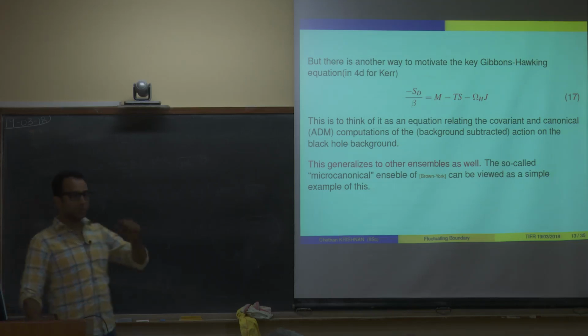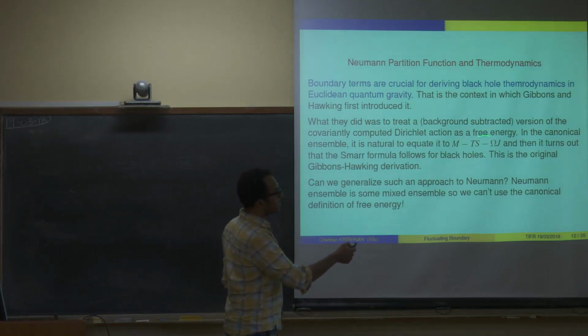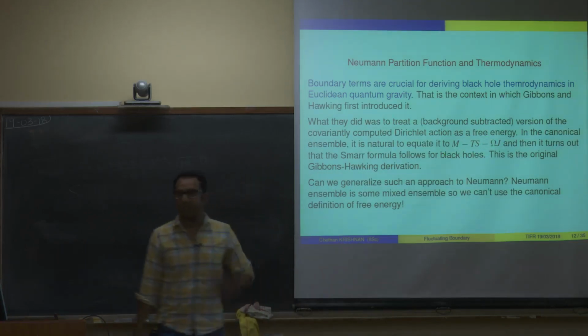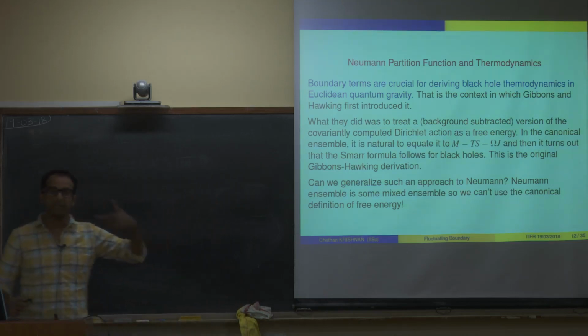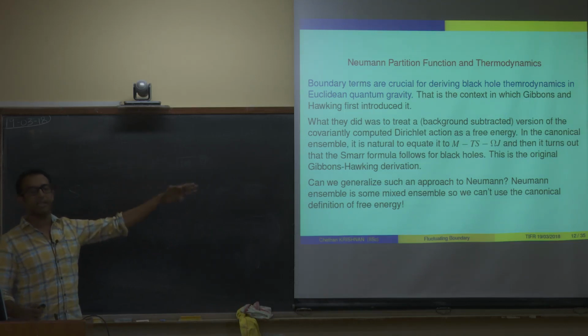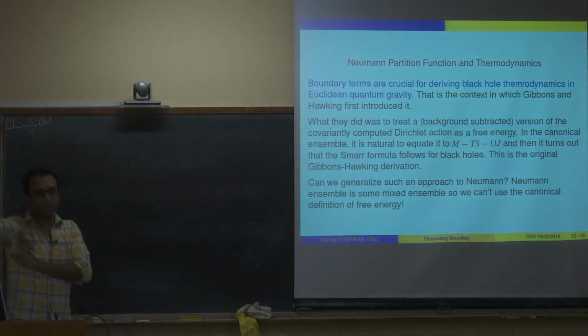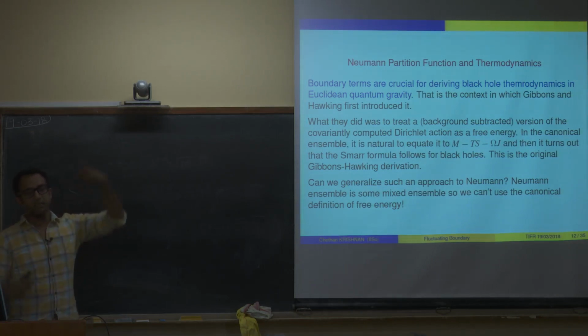So that's the point. Here, for instance, they take it to be the canonical ensemble because there's a periodicity in time. They take that to be a canonical ensemble statement. But actually, that periodicity you can get even from the microcanonical ensemble. There is a paper by Brown and York who show that if you define the partition function in terms of microcanonical boundary conditions, which has also been investigated, you find that there is a periodicity in time and the regularity condition comes out even there.